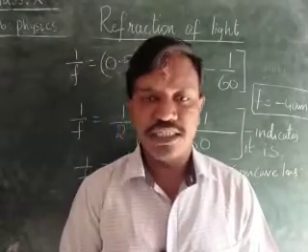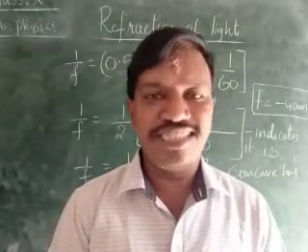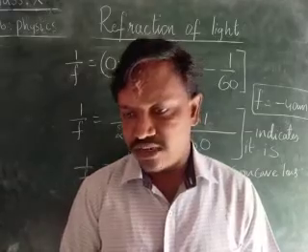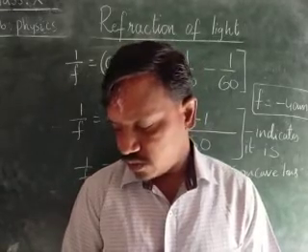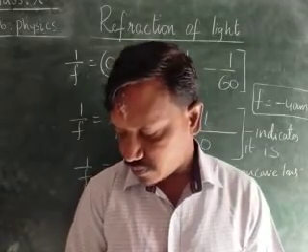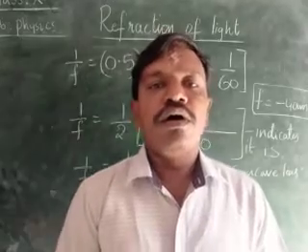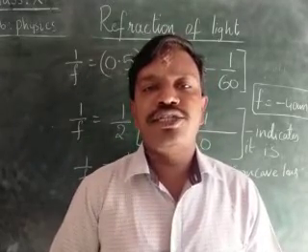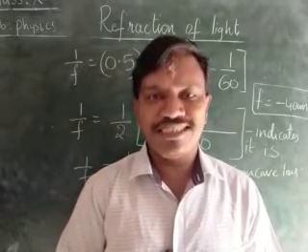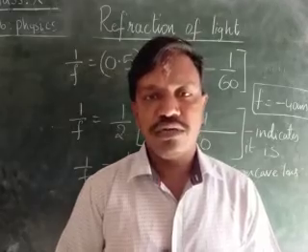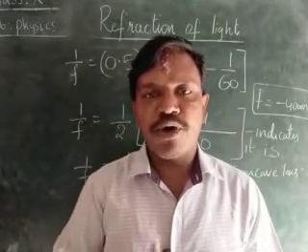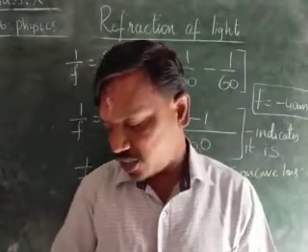Next, focus, that is the principal focus or focal point, we say. Focus is defined as: when a light ray travels parallel to the principal axis, after refraction it passes through a point. That point is called the focal point.